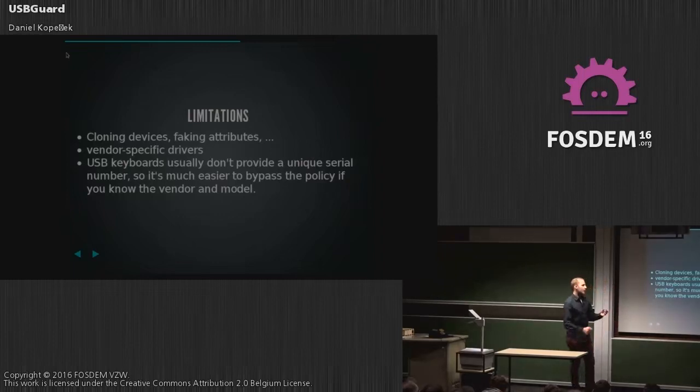So all he needs to pass the policy is to have the metadata of the device, like the serial number, the vendor ID, the product ID. With some devices, you don't even have to steal them. It's just enough to look at them and then look up the information on the manufacturer page.